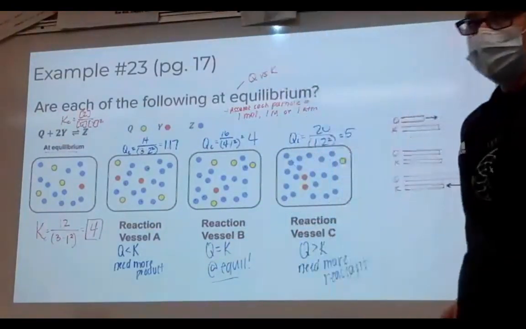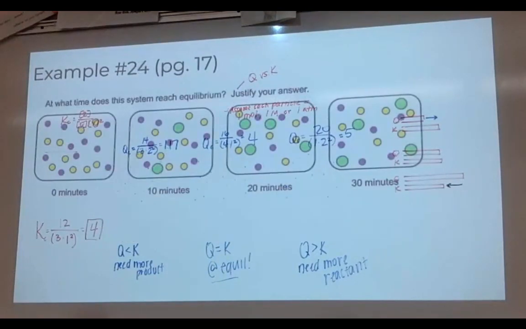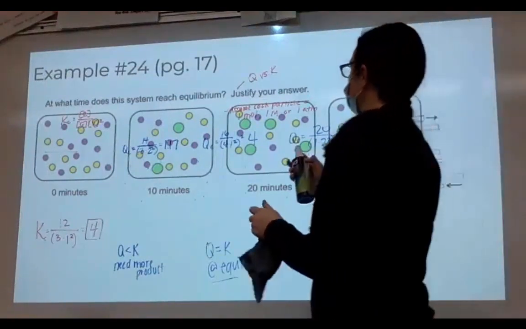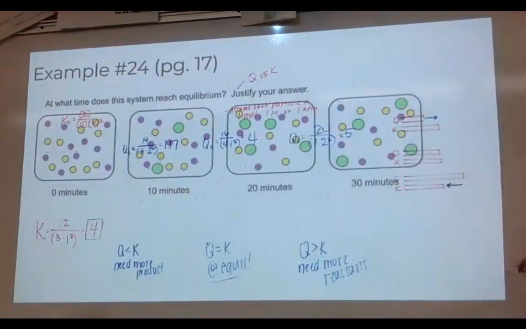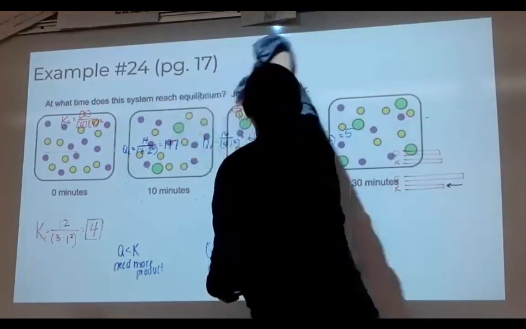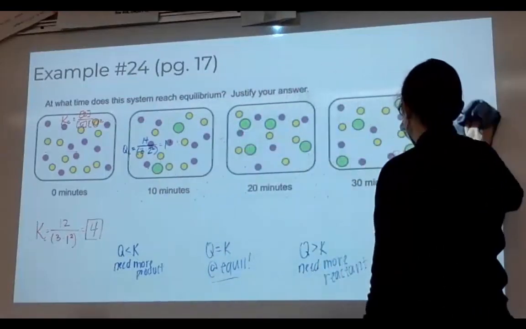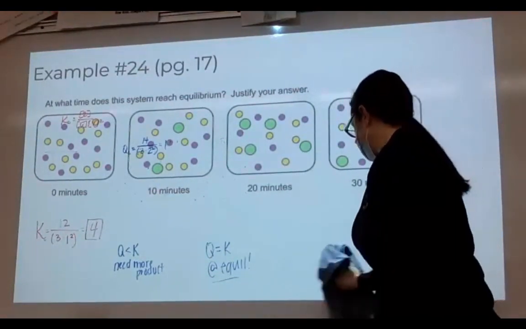All right, so then example 24. So I want you to take a look at example 24. See if you can tell what time the system reaches equilibrium. So this is actually going way back to how we tell if something is at equilibrium.